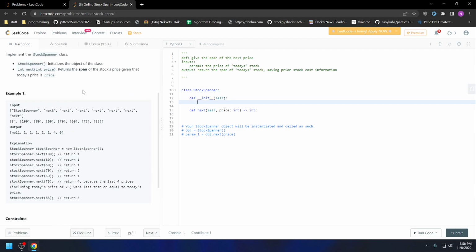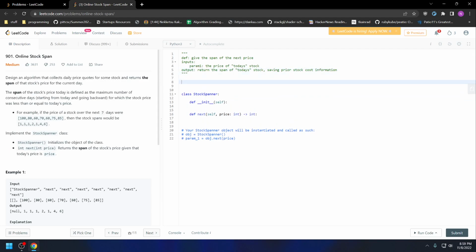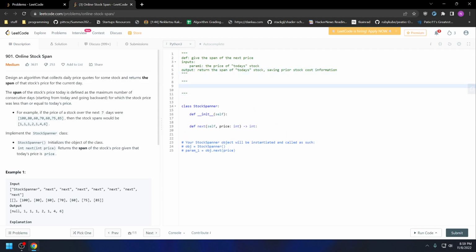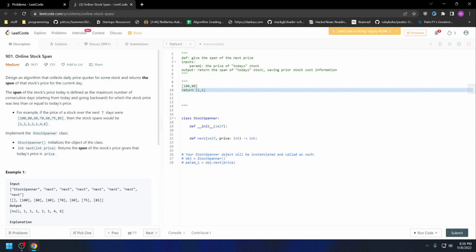So let's do some examples. If I put in 100 and then 80, my spans are going to be 1 and 1. Because if I input 100 for the price, that's 1.